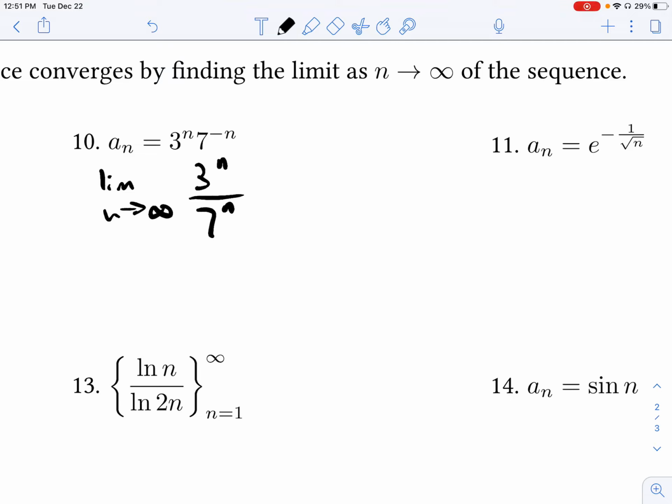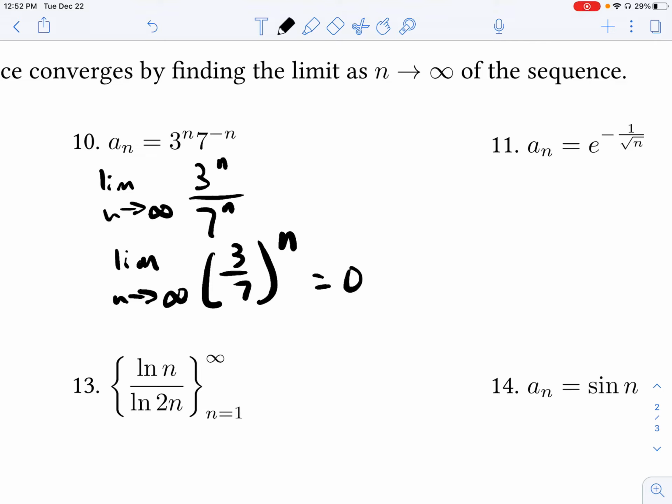And if we just use our power properties here, this is the same thing as 3 over 7 raised to the n power. And if we think about it that way, we would say clearly this has got to be equal to 0. As n gets larger and larger, any fraction that's less than 1 raised to an infinite power is going to get closer and closer to 0. So this also converges.